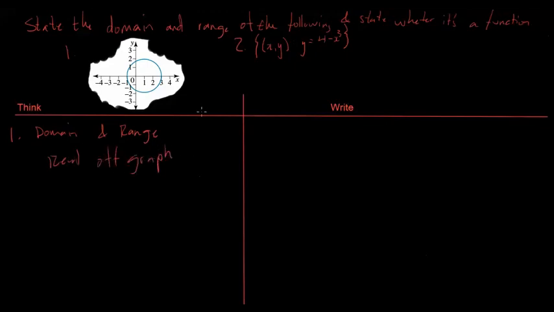So we can see that the x values seem to start at -1 and end at 3. So the domain is equal to [-1, 3].